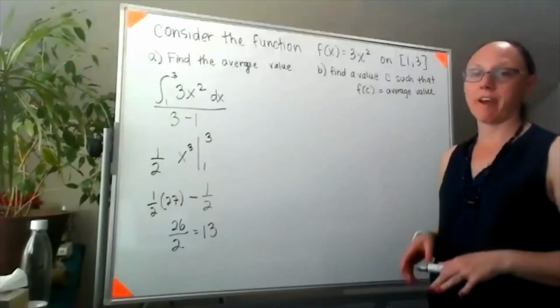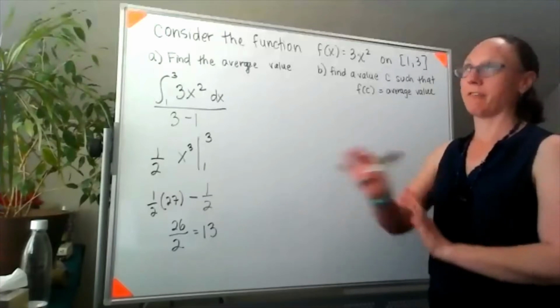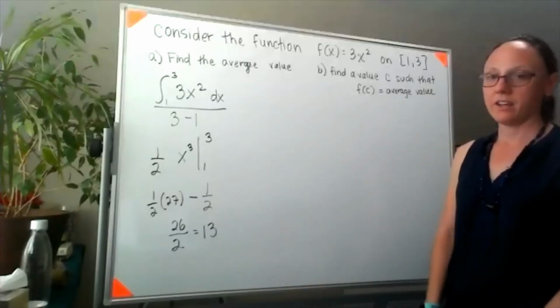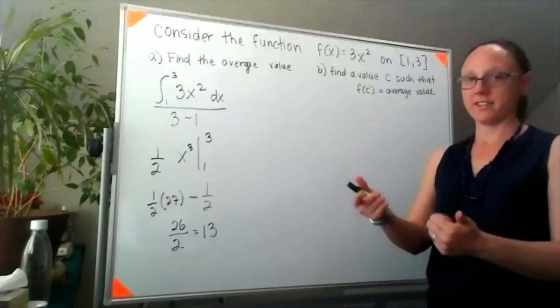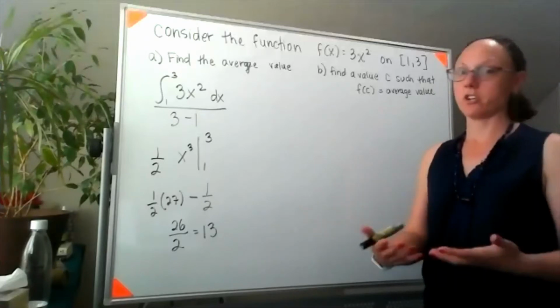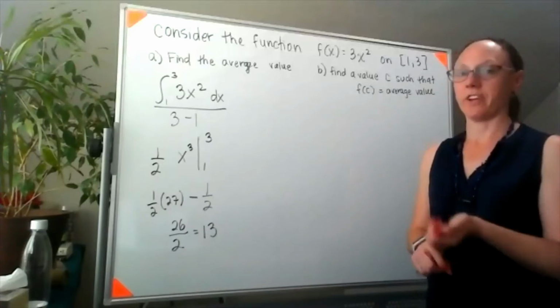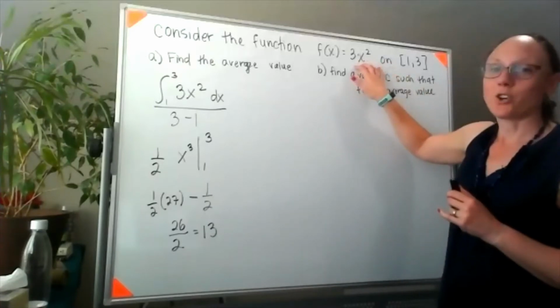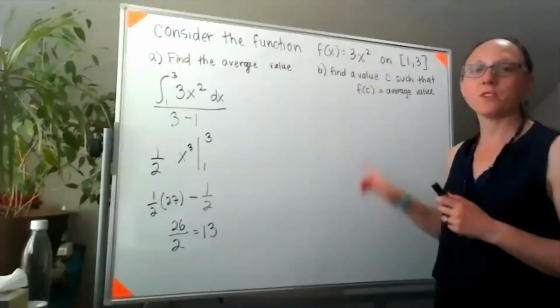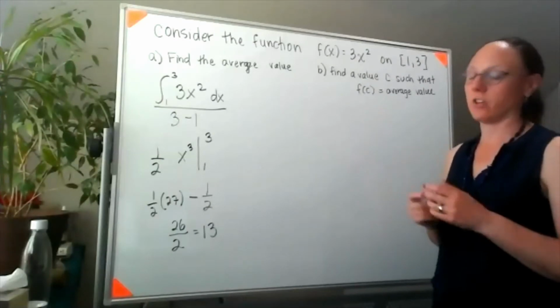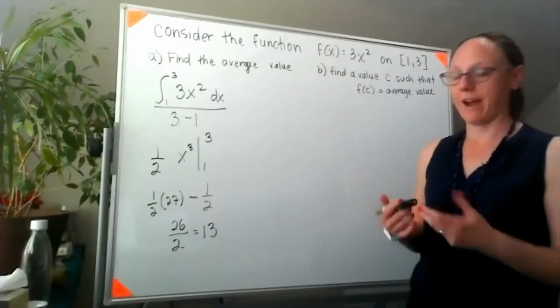And just like that mean value theorem back from 17a, there's a formula and there are conditions. And our conditions are very much the same as our conditions were in 17a, that our function's got to be continuous on the interval. Well, 3x squared is certainly continuous on the interval, so we're guaranteed to be able to find this value.